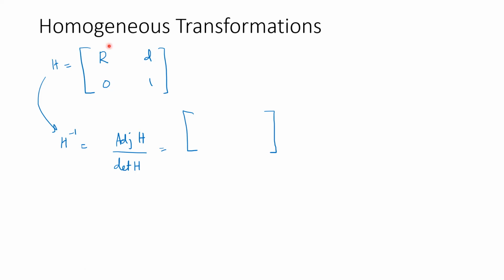when you replace the position over here and change the signs for the diagonal elements. So we're going to do that. So there's going to be 1 and R over here, minus d and 0 over here, divided by the determinant of H, which is R minus d into 0.